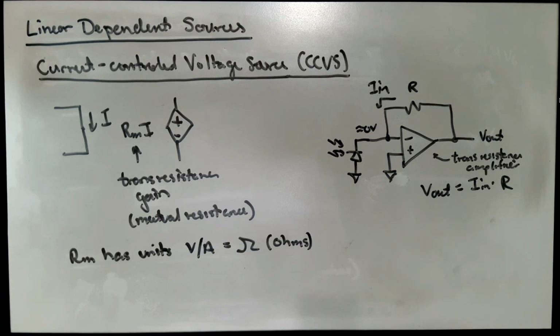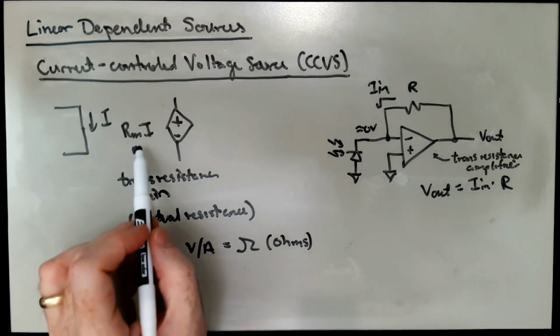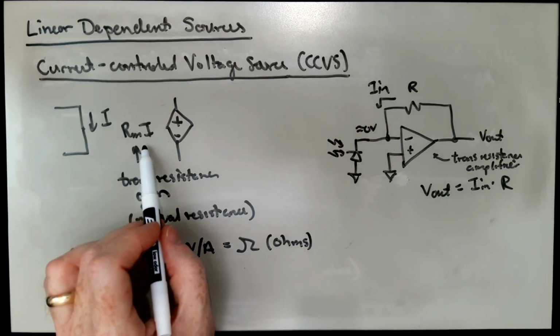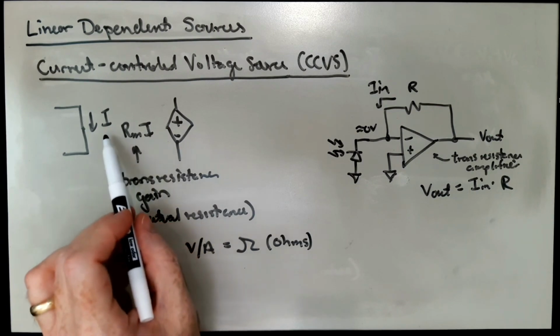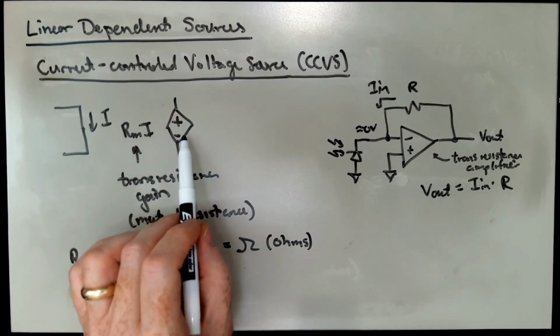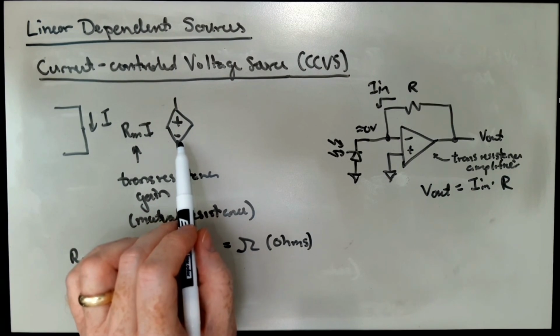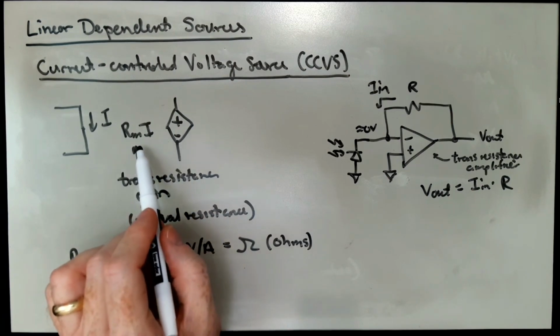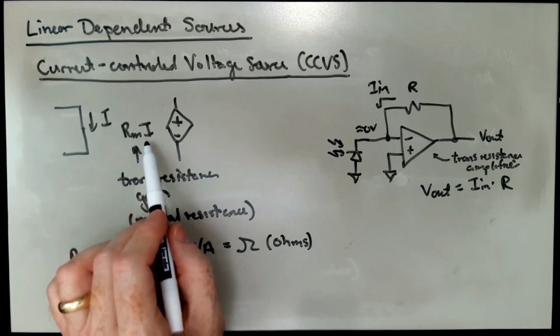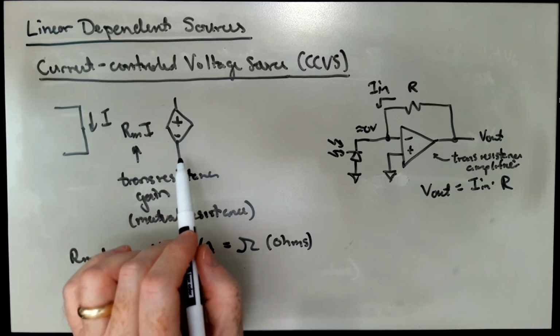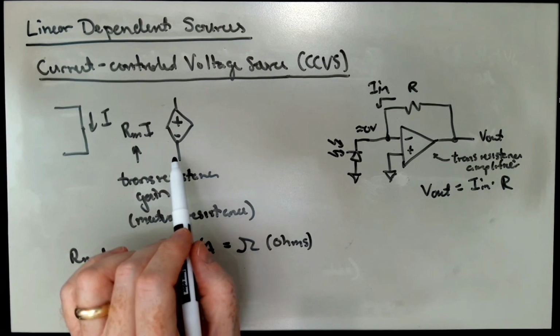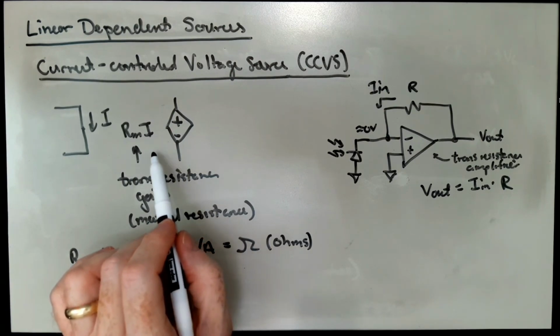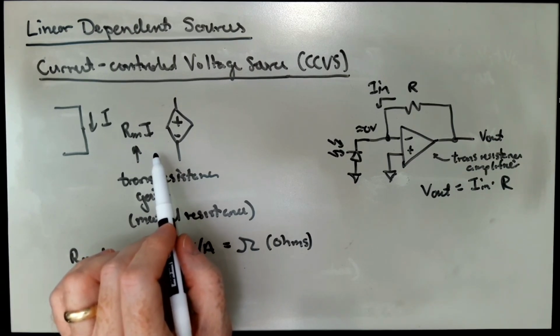Okay, so these are called linear dependent sources because there's just a proportionality between the dependent variable and the output of the source. You could imagine more complicated scenarios where maybe there's some functional form that takes the dependent source and turns it into a voltage. And it turns out that in LTspice, our dependent sources are more flexible than just these linear dependent sources, where you can actually specify an arbitrary function of more than one variable.